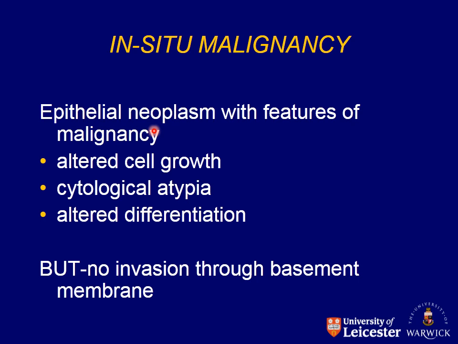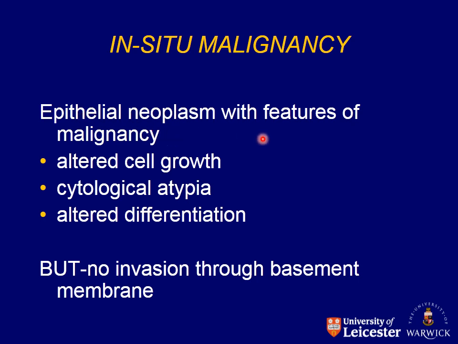But if that uniformity is lost and all the cells of all these layers show the features of dysplasia, yet no invasion is seen, that is, there is no breakup of the basement membrane, there is no infiltration of any cell into the deeper tissue, but the whole of the epithelium has dysplastic cells, all the cells have lost their uniformity and shown the features of atypia, then you will say that this is an in situ malignancy.